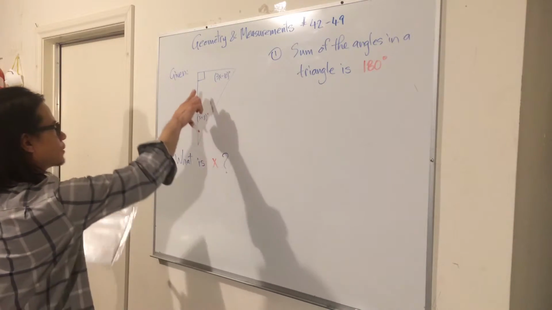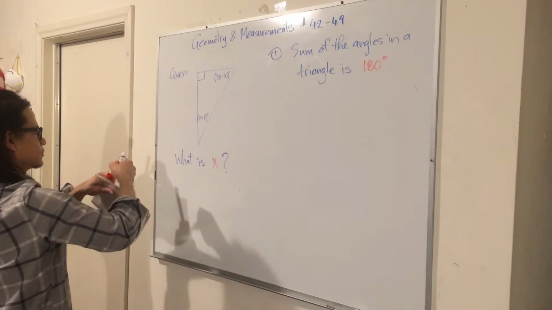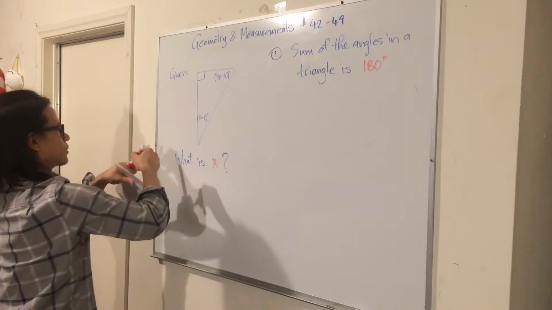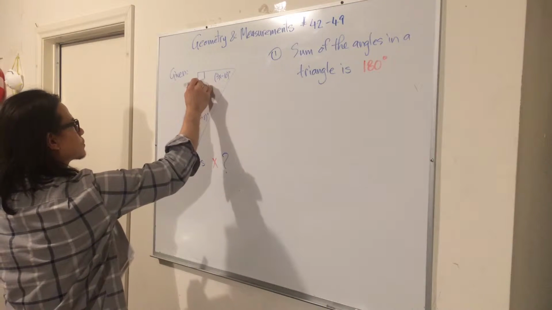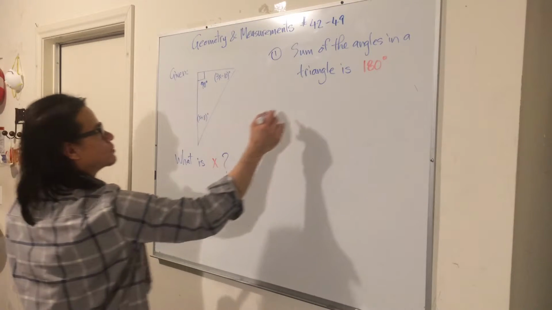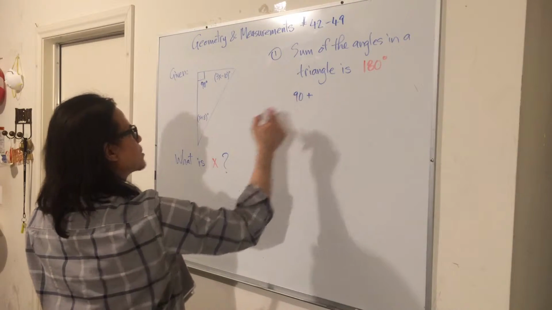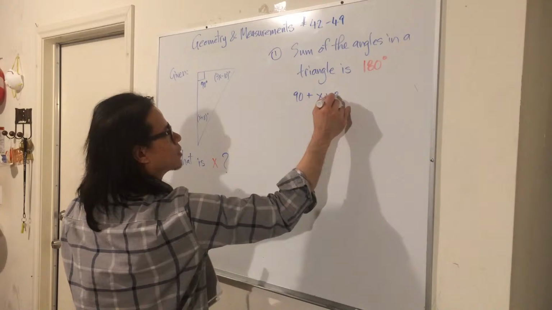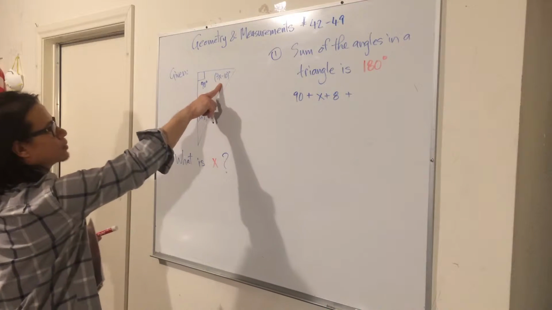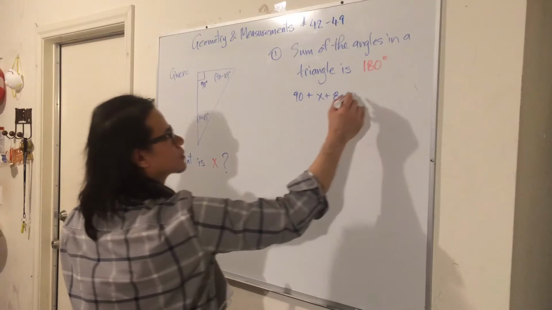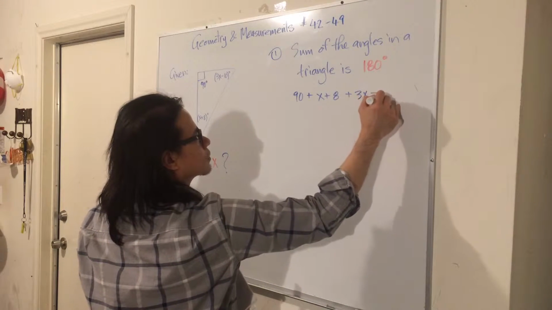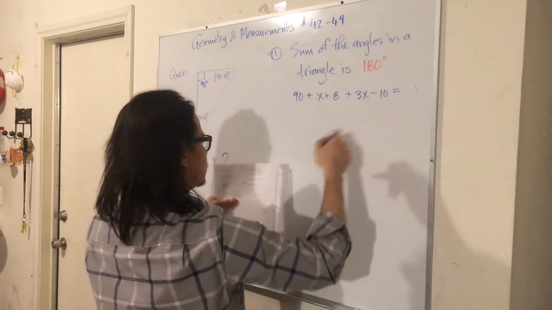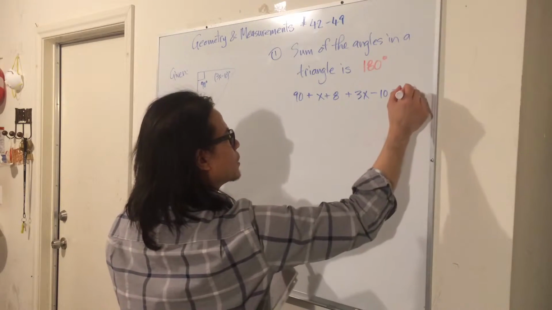Therefore, you've got 90 degrees here. So let's put that down: 90 plus x plus 8 plus 3x minus 10, altogether is equal to 180.